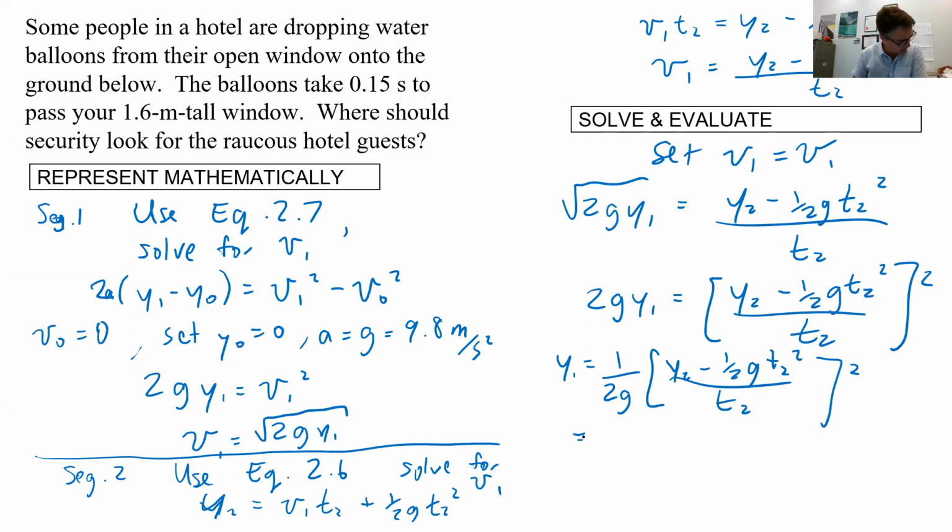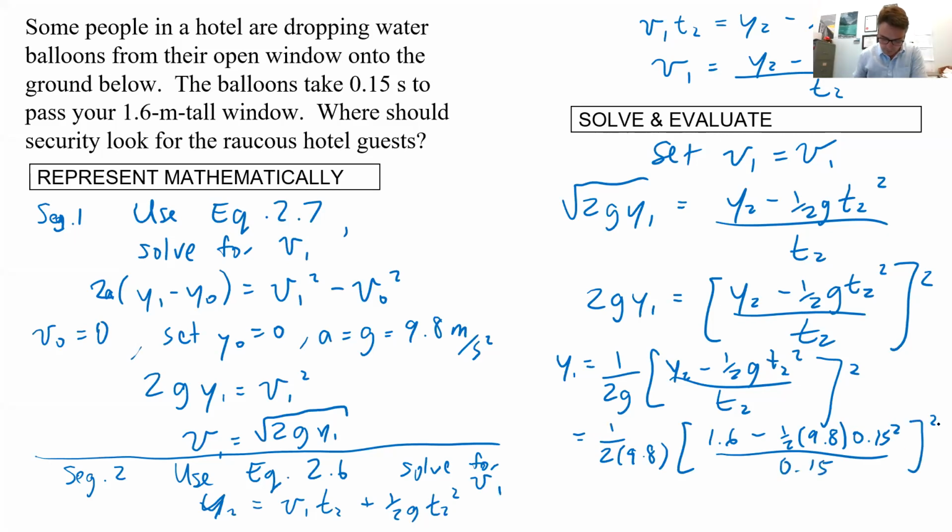So I'm going to have to plug in all those numbers. It's 1 over 2 times 9.8 times 1.6 meters minus 1/2 times 9.8 times 0.15 squared, divided by 0.15 squared.